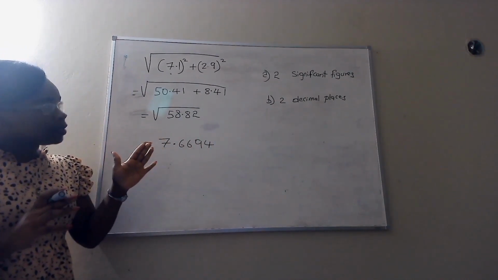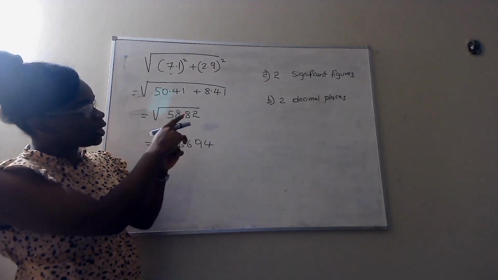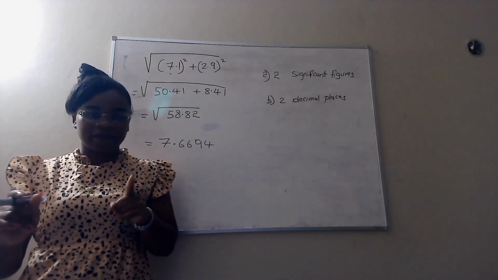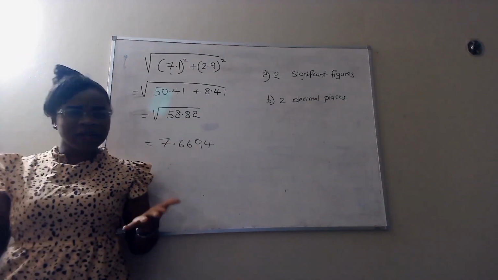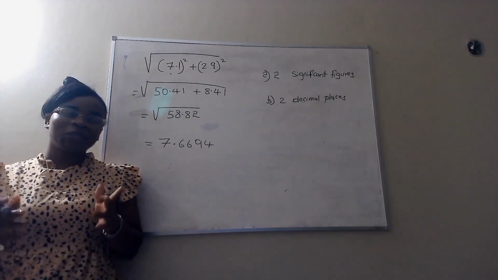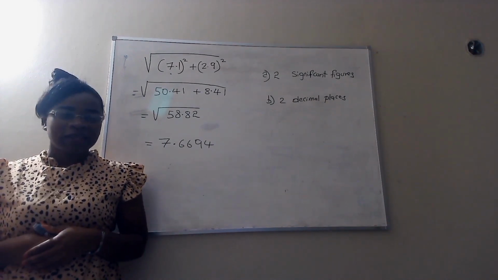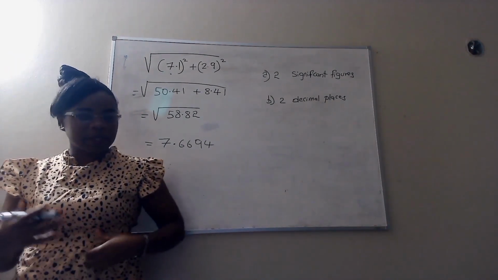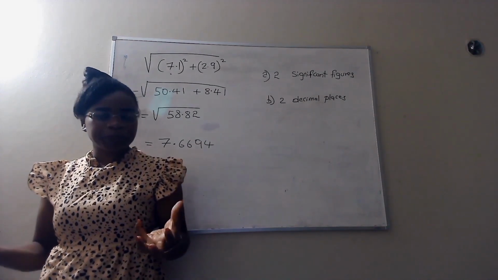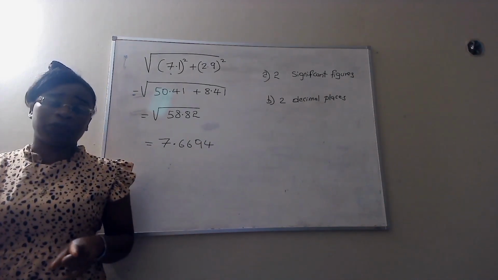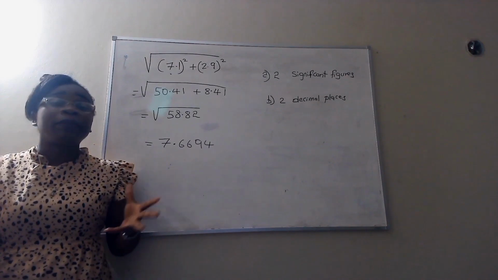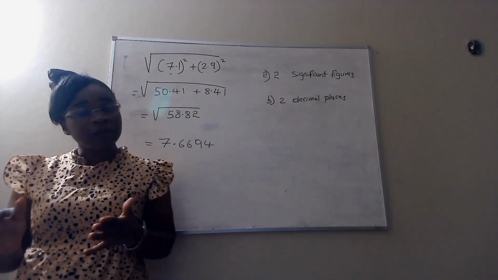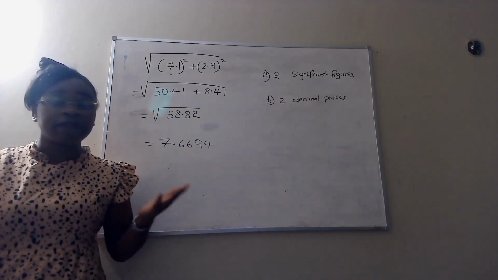We need our answer to 2 significant figures for part A. Now, what are significant figures? Just like a significant other, significant figures are numbers that are relevant, right? All non-zero numbers, or all numbers that are greater than 0, are significant figures.